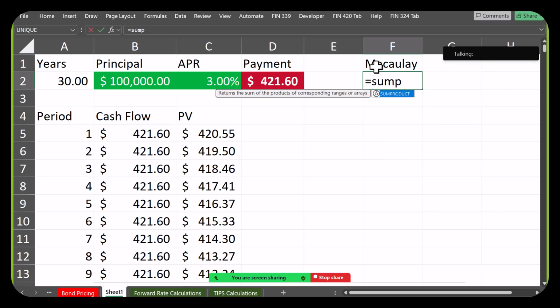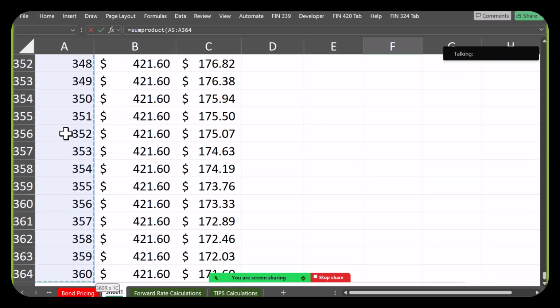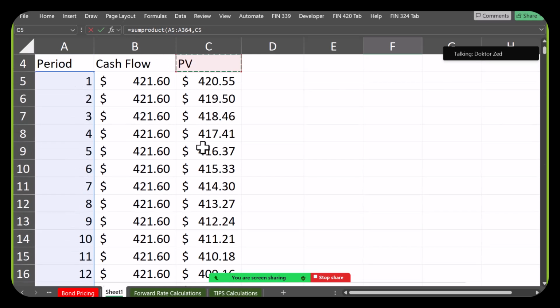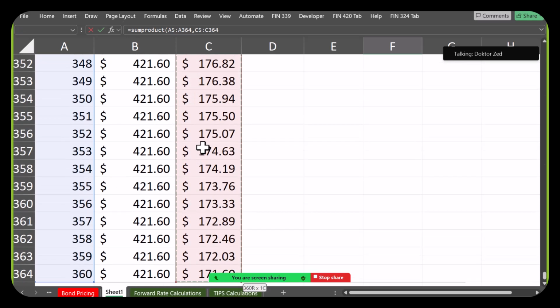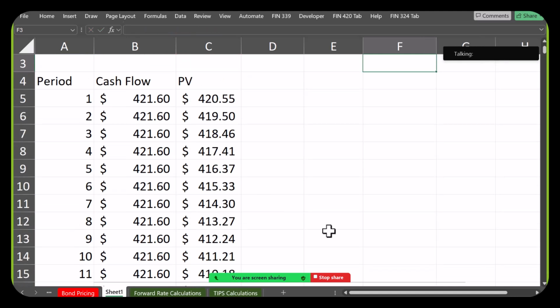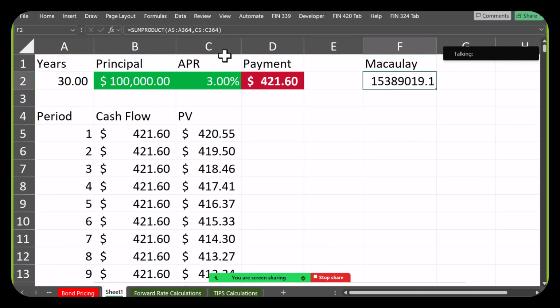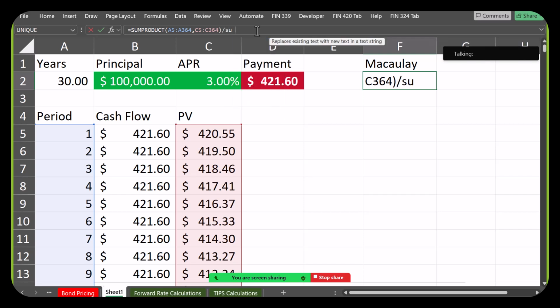You're going to take the sum product, as the name suggests, it sums the products of two things, the period with the present values, but I need to divide that by the sum of the present values.